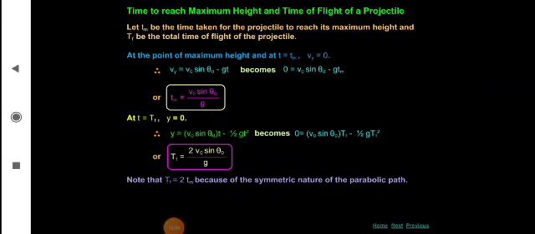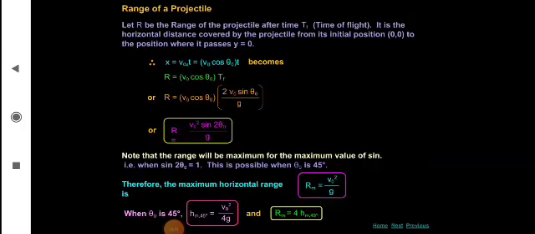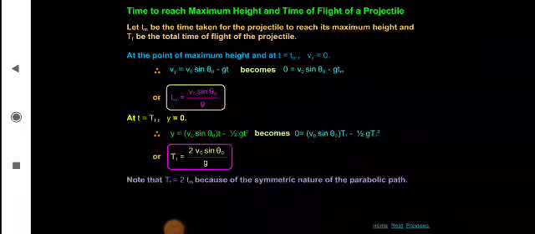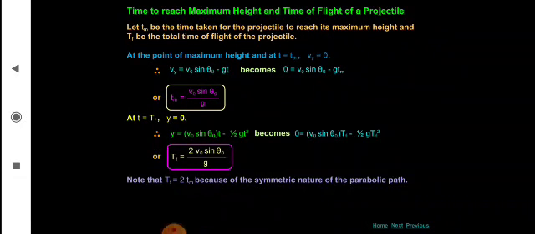Let Tm be the time taken for a projectile to reach its maximum height, and Tf be the total time of flight of the projectile.